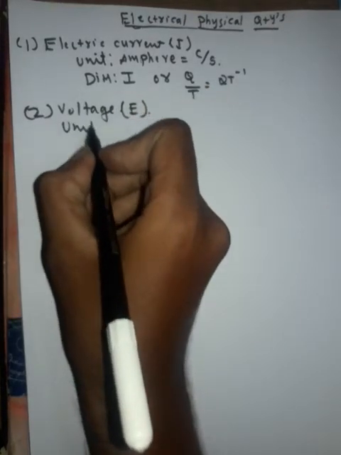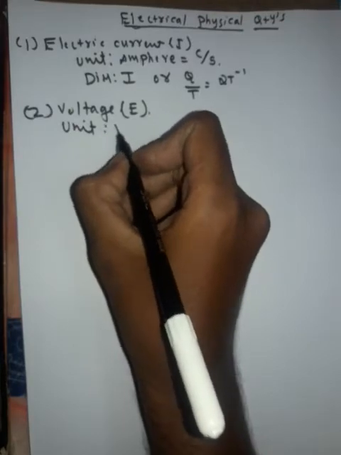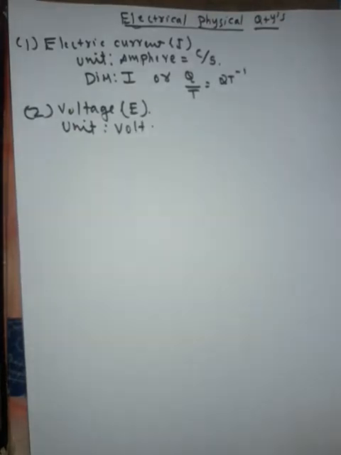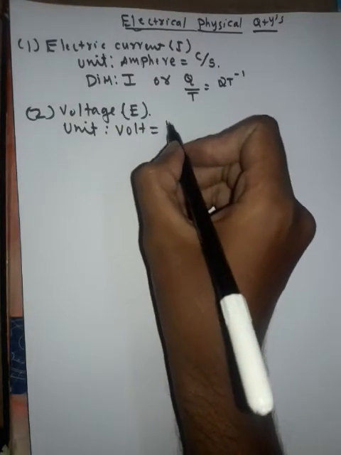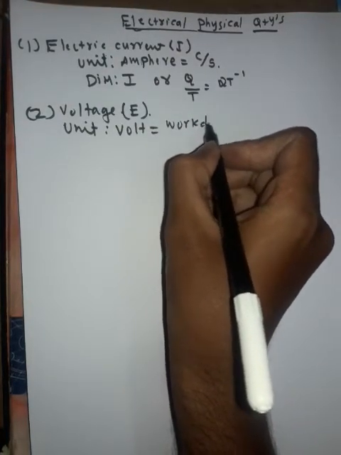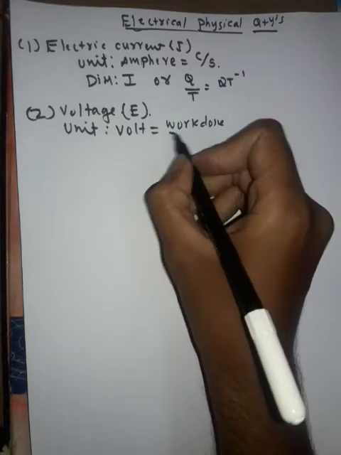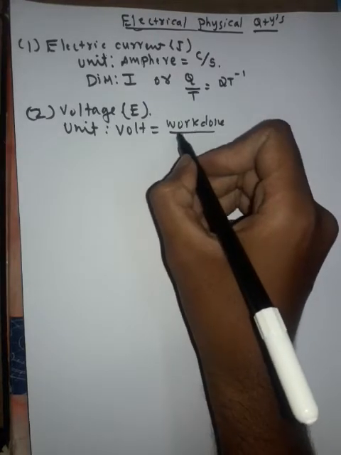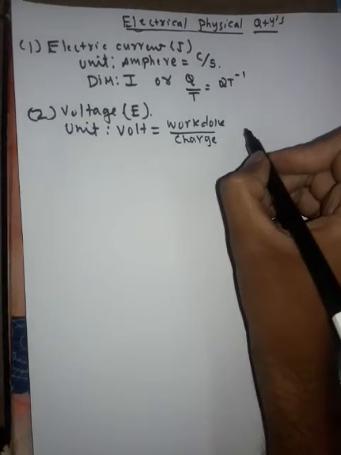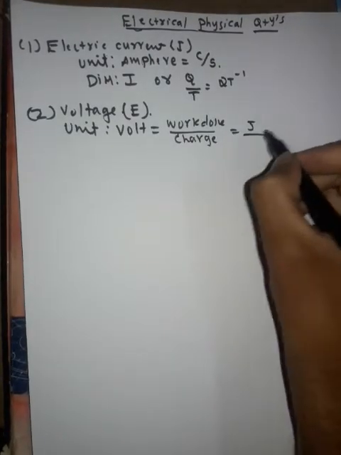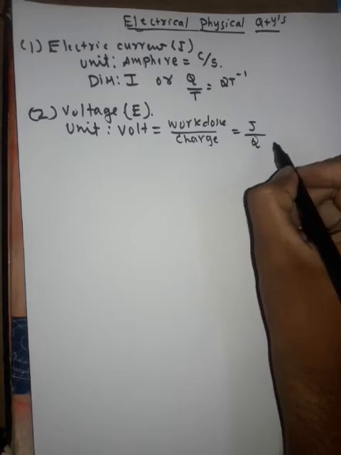The unit of voltage is volt, which is equal to work done per charge, which is given by joule per coulomb.